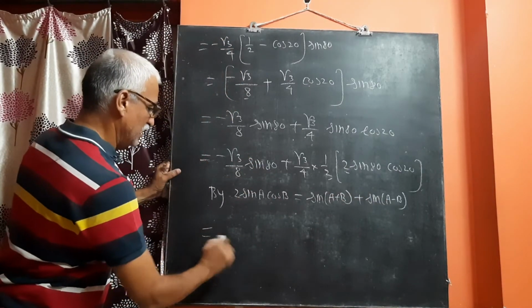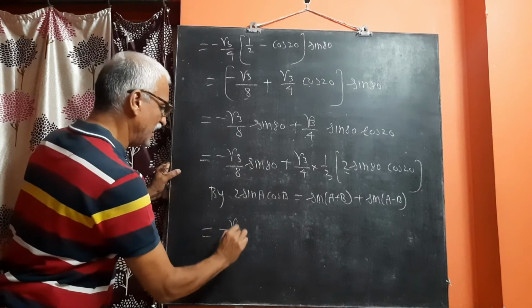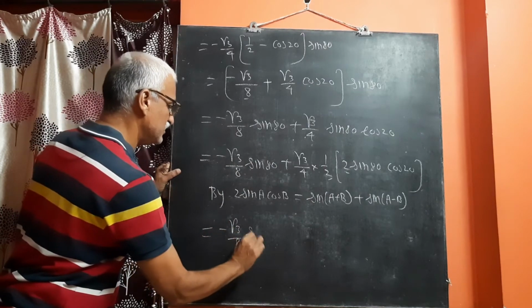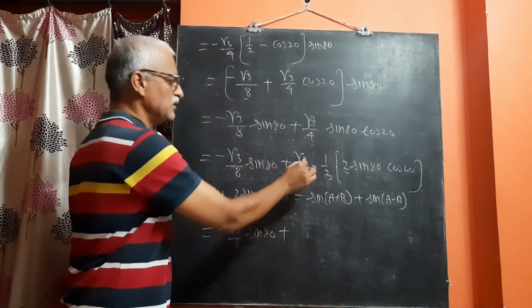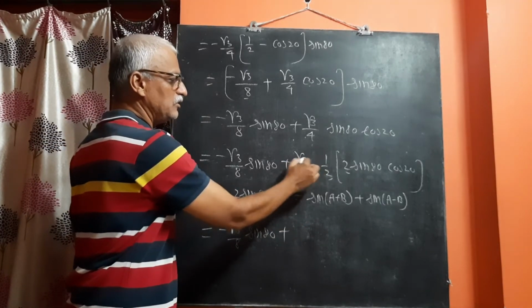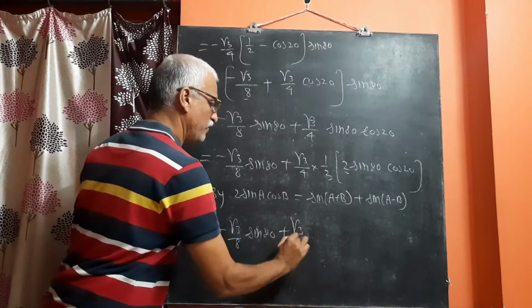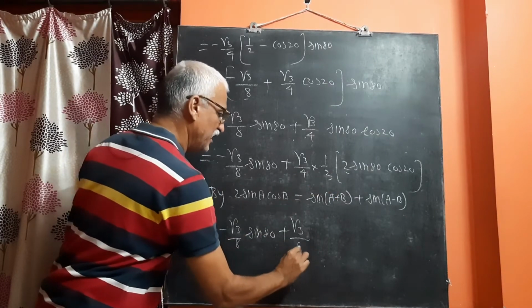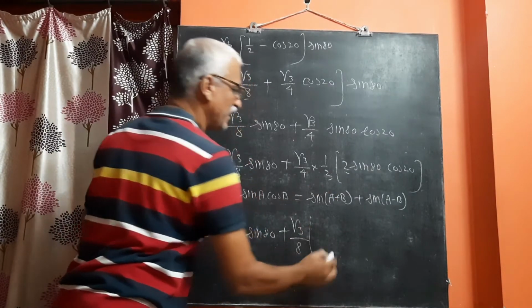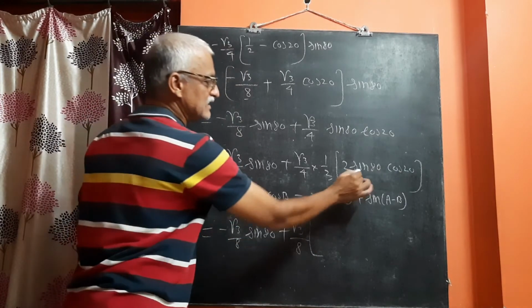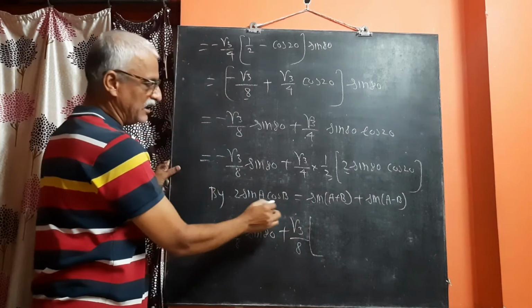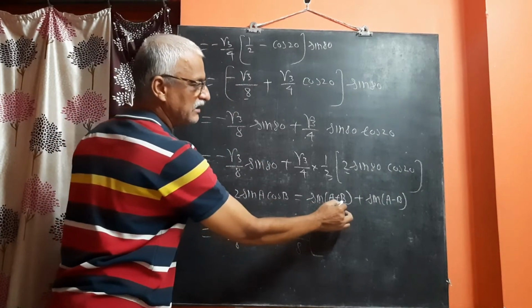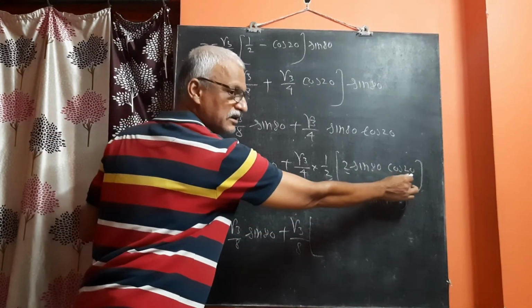You will get minus root 3 by 8 sin 80 plus root 3 into 1, that is root 3, 4 into 2, that is 8, root 3 by 8 into, in brackets, sin of A plus B, where A is 80, B is 20.